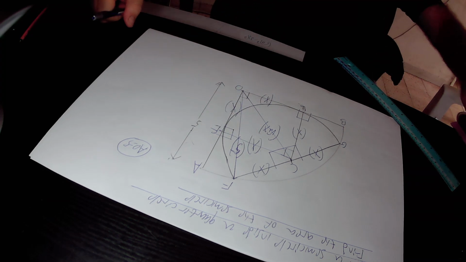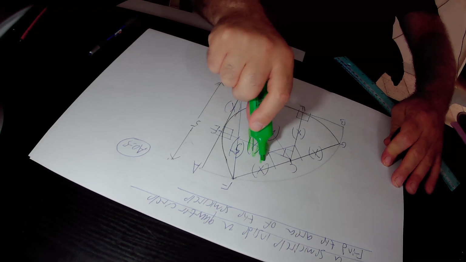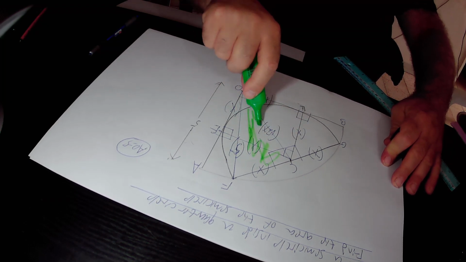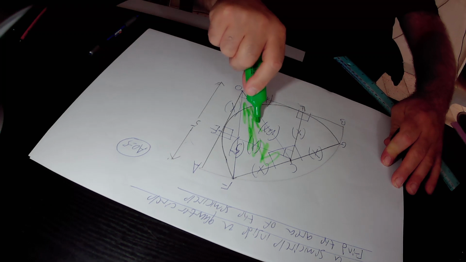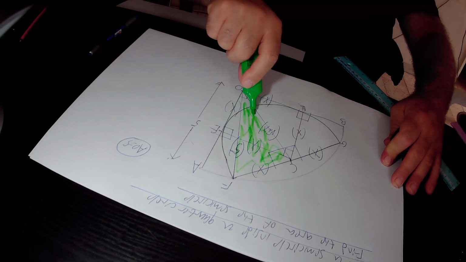In the next step, I'll copy this green right triangle CFO in a new page, and we'll implement the Pythagoras theorem on this green right triangle CFO.